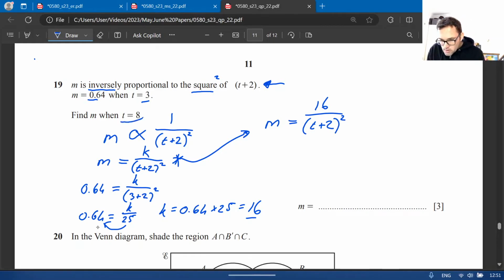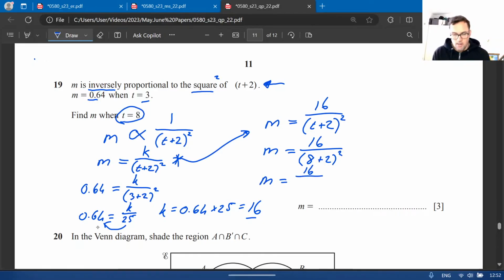So we have t is 8, so we can work out what m is by putting an 8 where the t is, which of course gives us 16 over 8 plus 2, which is 10. 10 squared is 100. 16 divided by 100 is 0.16.